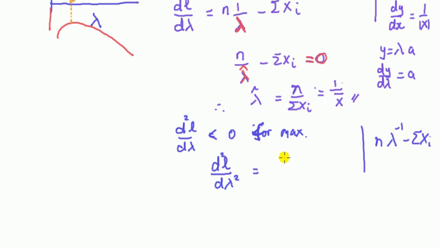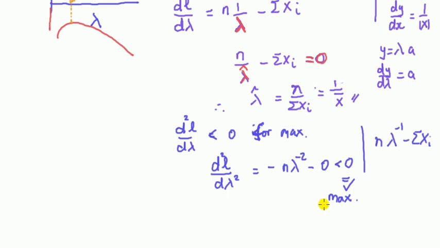If you look at the derivative of this again, take the minus 1 down, minus n lambda to the minus 2, and this is minus 0, a constant with respect to lambda. n is positive, lambda is positive, so indeed you have something which is negative. So it is indeed a max.